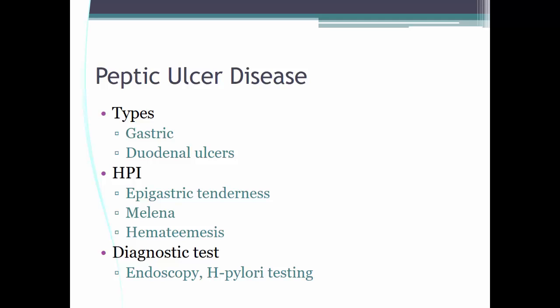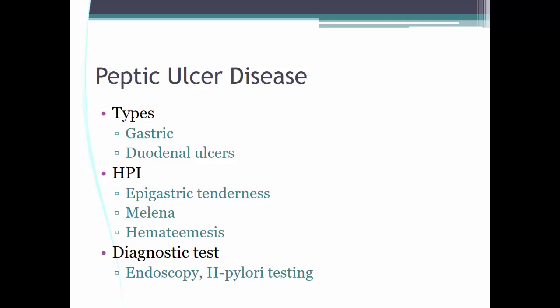Pain is absent when the patient awakens, but appears in the mid-morning and is relieved by food, and of course recurs 2 to 3 hours after a meal. Pain that awakens a patient at night is common and is highly suggestive of duodenal ulcer. In neonates, perforation and hemorrhage may be the first manifestation of the duodenal ulcer.